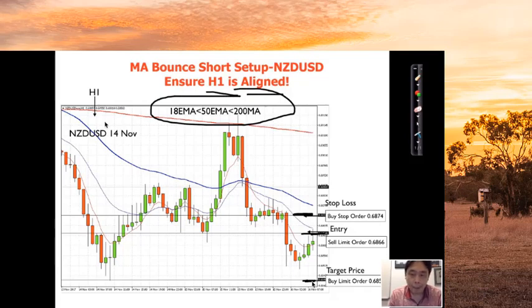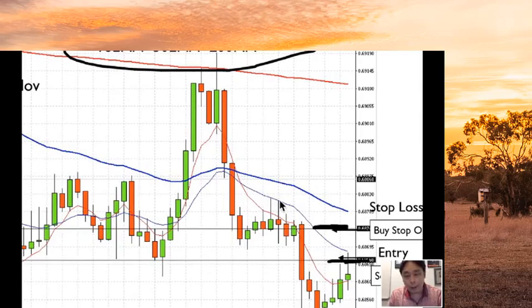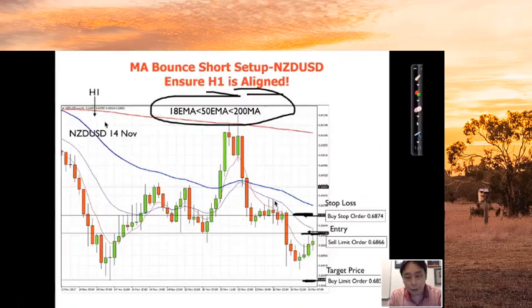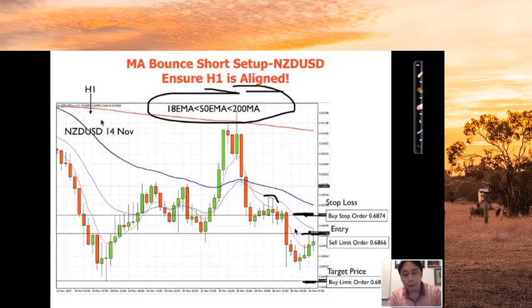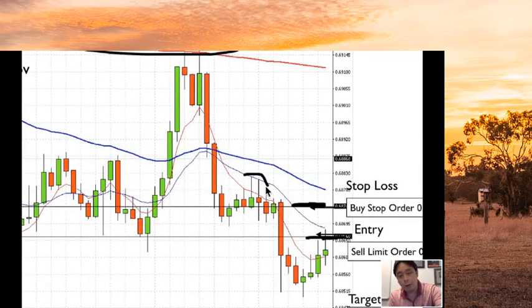And again, you can see on the hourly candles, this blue line, the 18 moving average, is a resistance. Can you see? Resistance. And again, our stop loss is above that resistance level. So that gives me confidence that my stop loss will not be hit easily because it is protected by this 18 EMA resistance level.